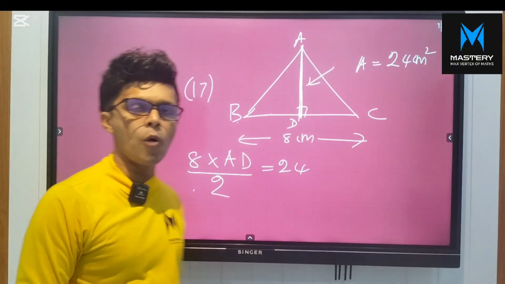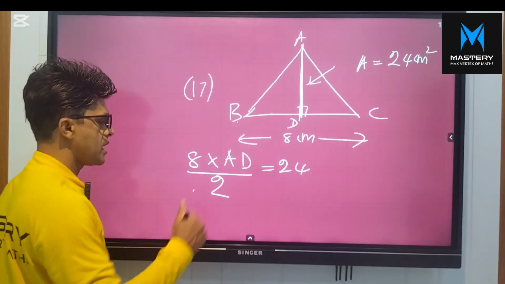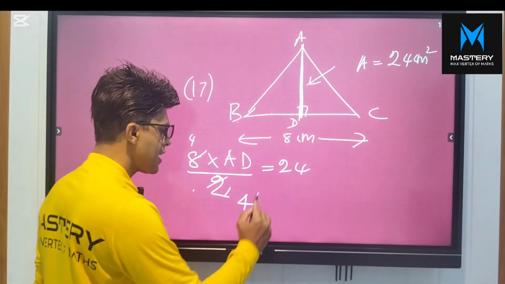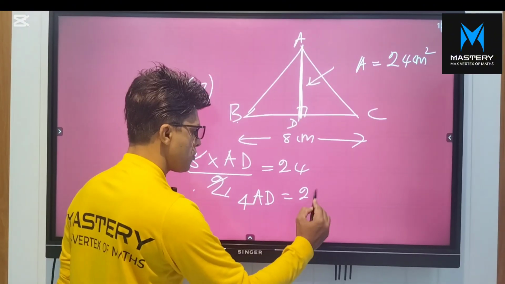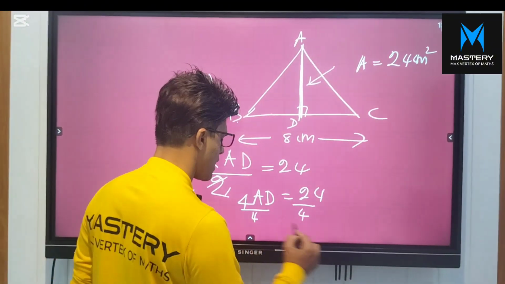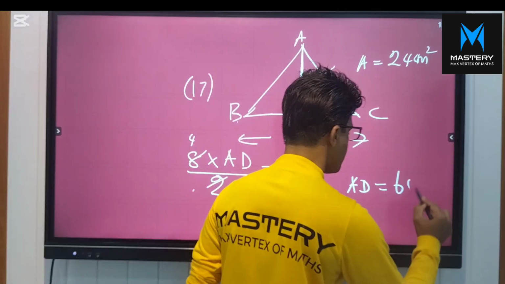That is the way of obtaining the area of a triangle. Now we can simplify that: 4AD equals 24. Divide by 4 on both sides. So AD can be taken as 6 cm.